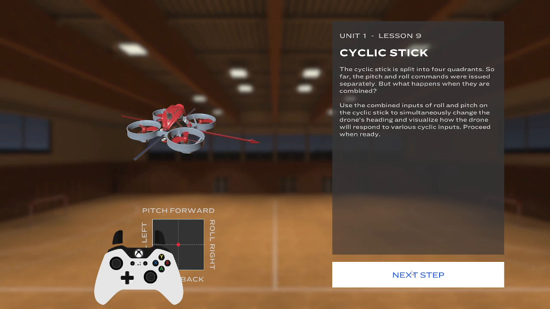So far, the pitch and roll commands are used separately, but what happens when they are combined? Use the combined inputs simultaneously. Change the drone's heading and visualize how the drone will respond to various cyclic inputs.